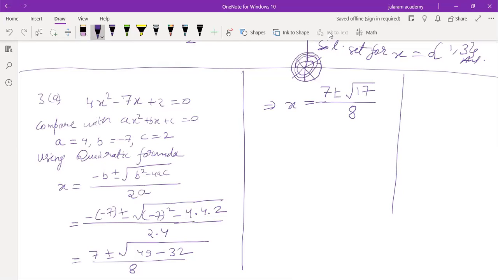Find the square root of 17. Sir, 4.123. Can you tell now how to find the square root of 17 using only one method, the division method? Okay. Yes, start now.